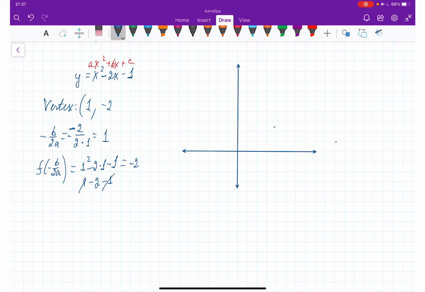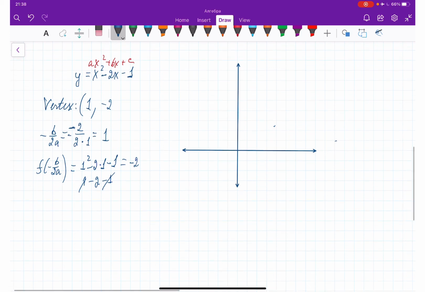Can we solve it by factoring? I don't think so. No, we can't solve by factoring. So we're going to solve using the quadratic formula, negative b plus or minus the square root of b squared minus 4ac.